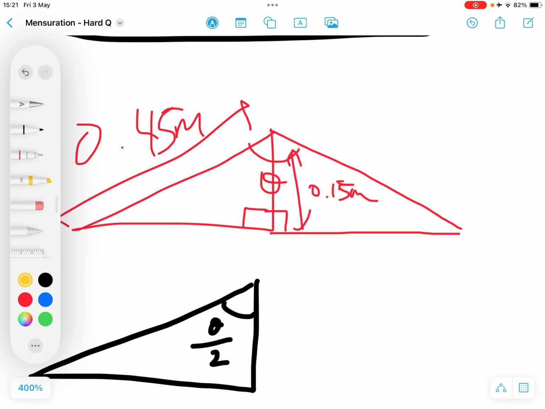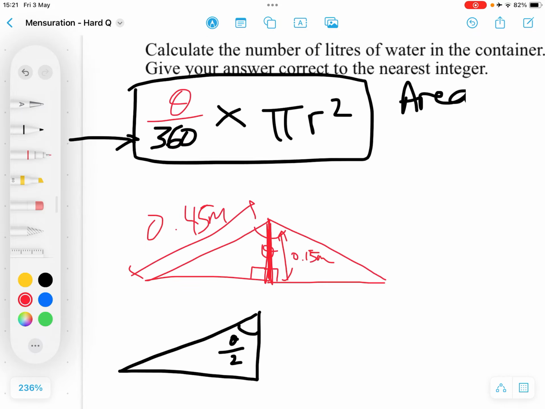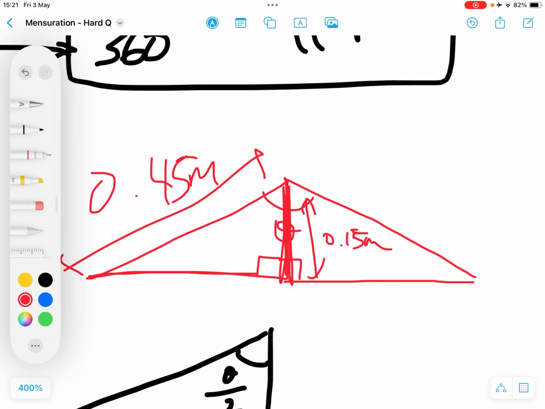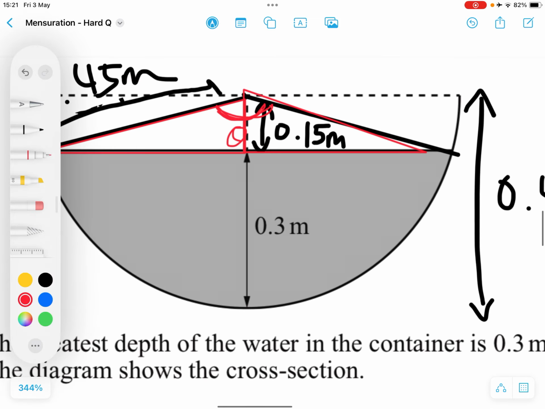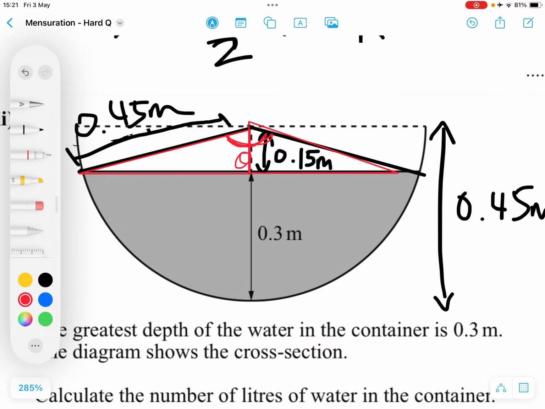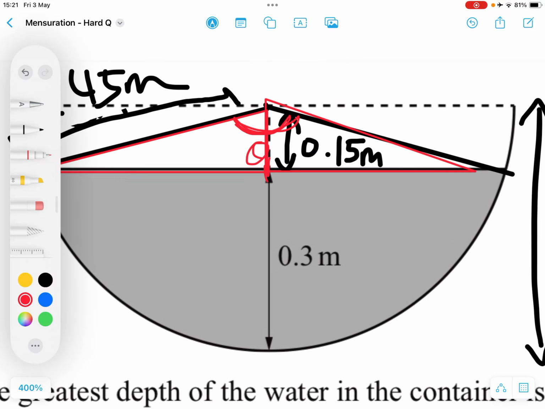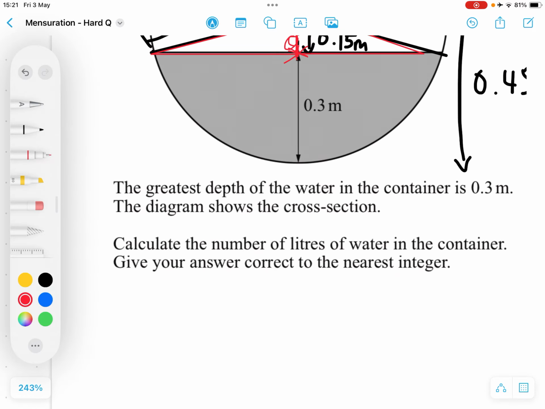We know that these two triangles are congruent because they share a common side, this side right here, and they also have another side of equal length, which is this one and this one. Since 0.3 is the maximum depth of the water in the container, this point right here must be the midpoint.